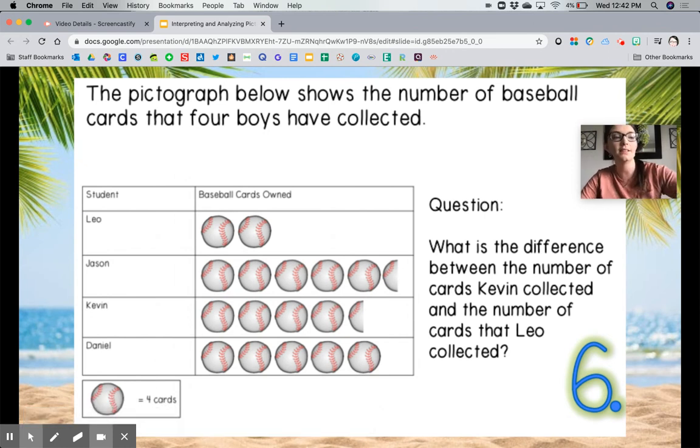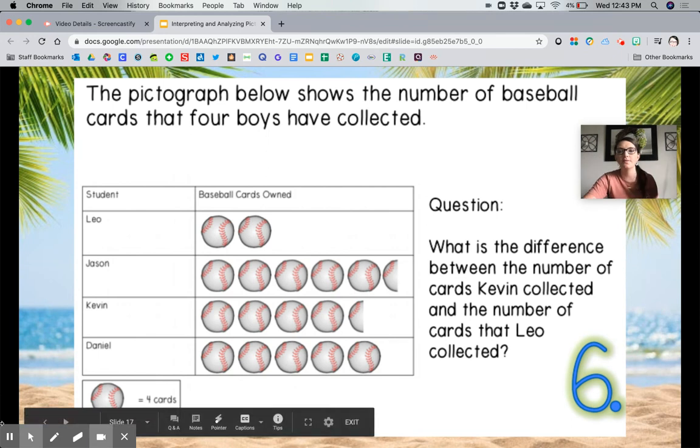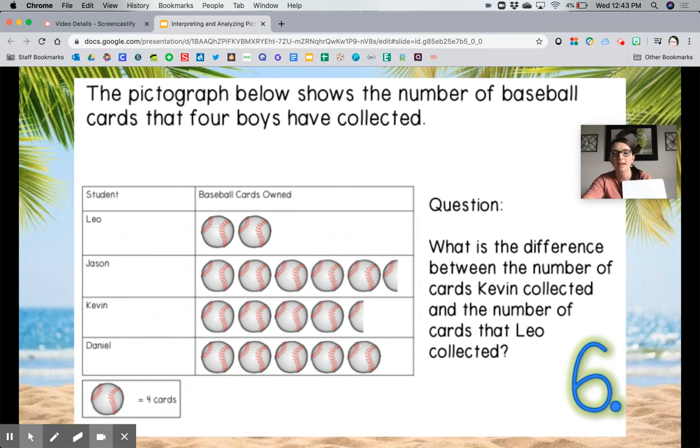So let's go ahead and work this one out because 4 is a trickier number that we haven't worked with a lot. All right, so we want to know the difference, which means we're subtracting. I'm going to look at Kevin. He has 4 baseballs. So if I counted by 4s, it would be 4, 8, 12, 16, and then half of 4 is 2, so 17, 18.